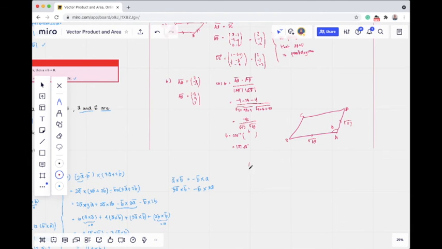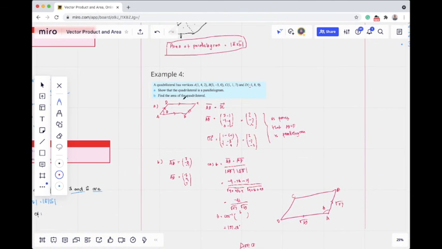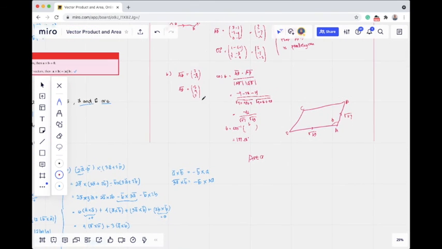So we want to find the area of the quadrilateral. It means the area of this parallelogram is the magnitude of AB times the magnitude of AD, right?